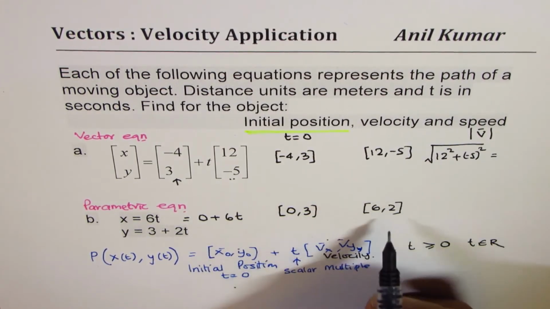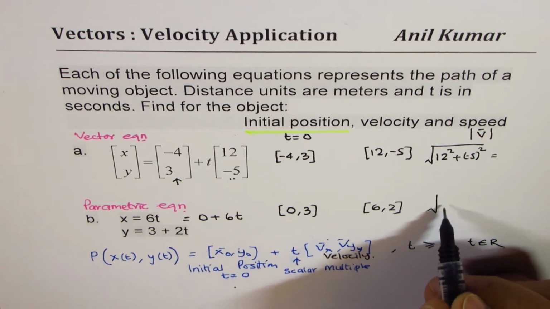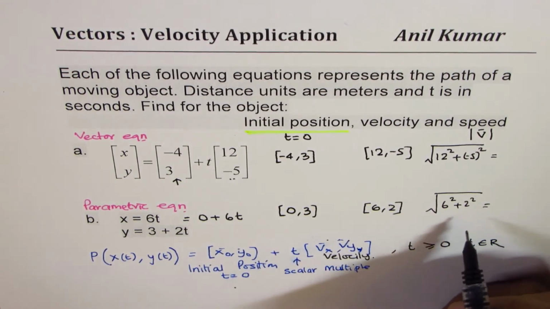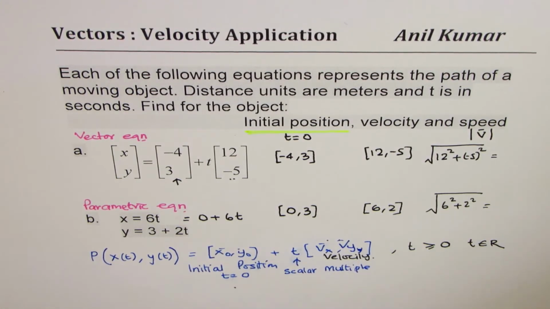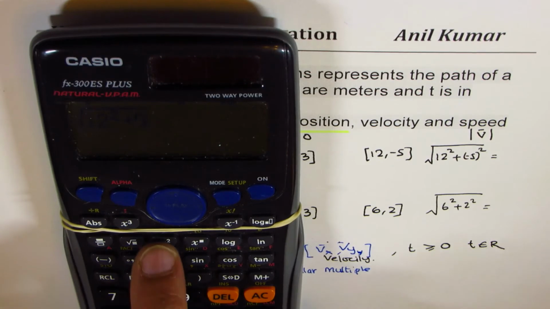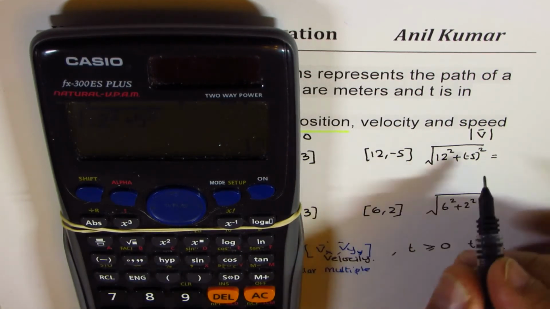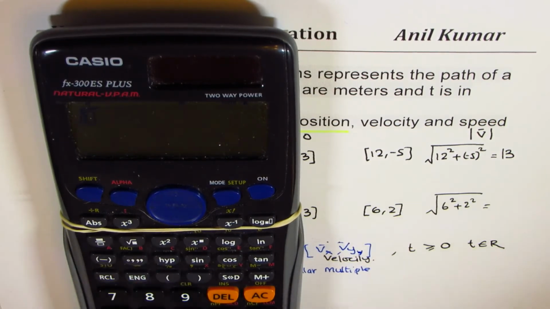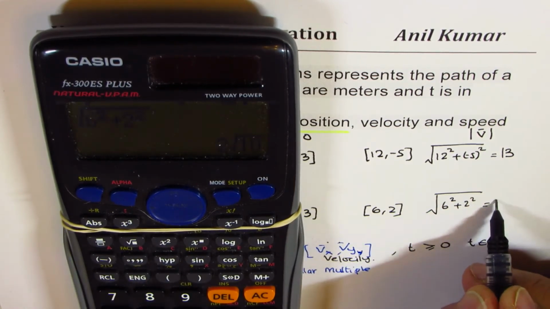Calculate this. And here it will be square root of 6 square plus 2 square. Calculate this, right? So that is how you're going to find the speed. So let's calculate. We have square root of 12 square plus 5 square, which is 13. And in this case, it is square root of 6 square plus 2 square, which is 2 square root 10.